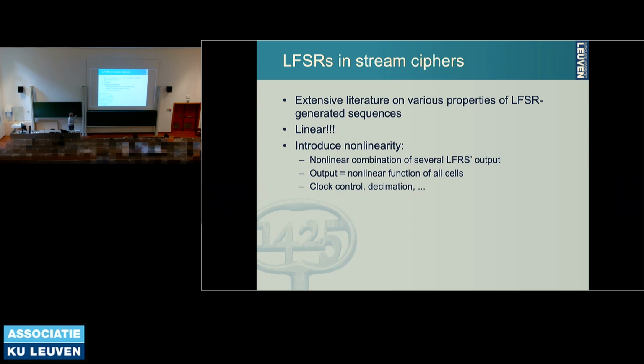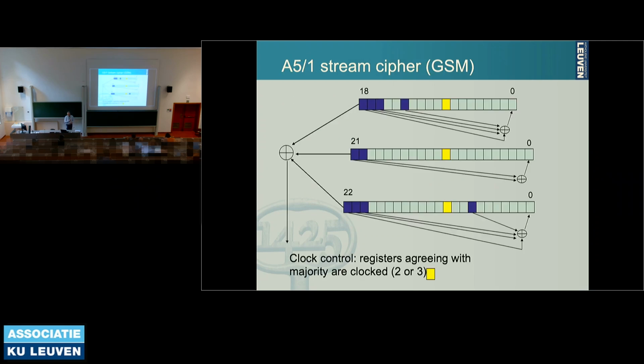Or you do what's called clock control. We'll see an example of that: you make the updating of the shift register irregular, and then the equations also become nonlinear. Yeah? And so the most famous example nowadays is the A5/1 stream cipher, which was in GSM.